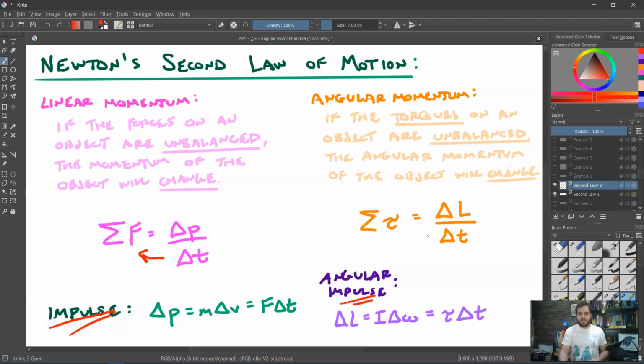I'm once again going to multiply this delta t across and see delta L is equal to I delta omega, the rotational inertia times the change in angular velocity, which will be equal to tau delta t, the torque times the change in time. But the key point I want to get across here is that if we want a change in angular momentum, if its rotational motion is going to change, there better be a torque applied. If this is changing at all, a torque must be present.